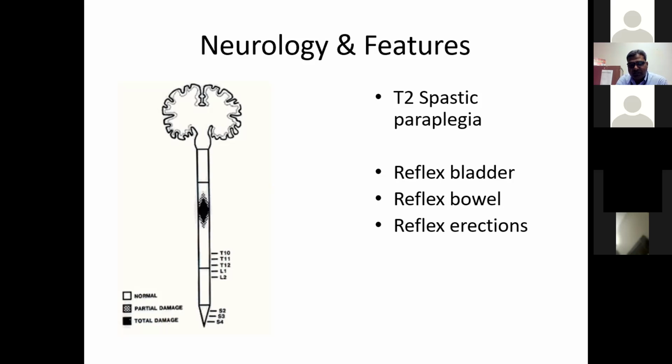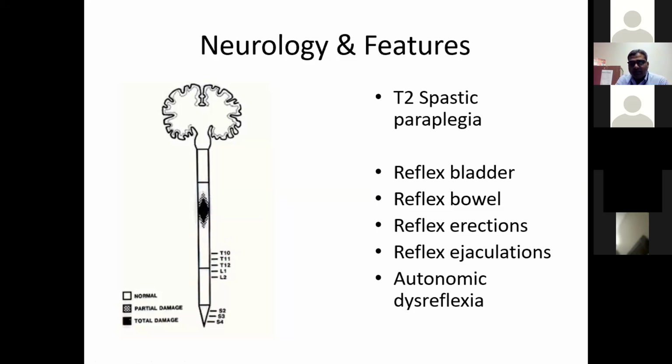It starts from T2 and ends above the level of the sympathetic output. So the thoracolumbar sympathetic output is intact. The patient would not be able to achieve psychogenic erections, but will have reflex erections and reflex ejaculations. But the injury being in the upper thoracic area, the patient would exhibit autonomic dysreflexia.